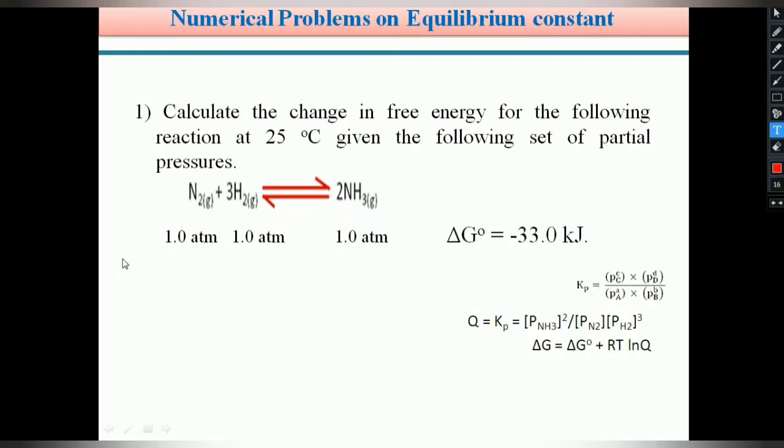Okay, students, we can do some numerical problems on equilibrium constant. Let us see the first model. Calculate the change in free energy for the following reaction at 25 degrees centigrade, given the following set of partial pressures. We just discussed the topic of equilibrium constant.